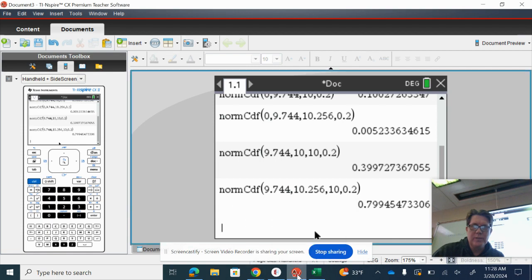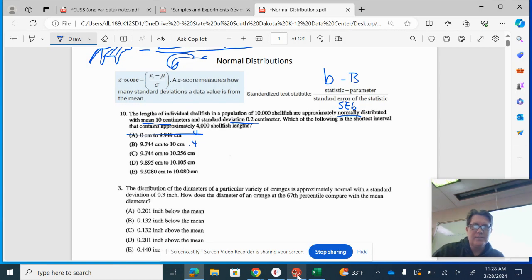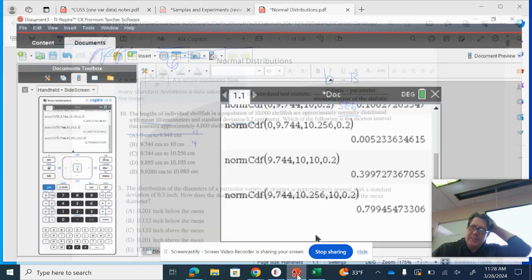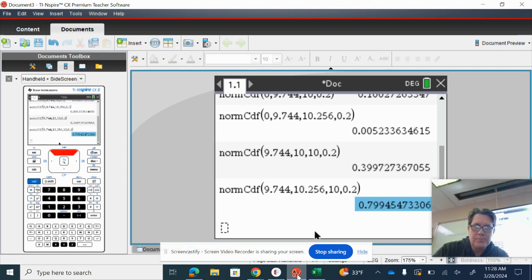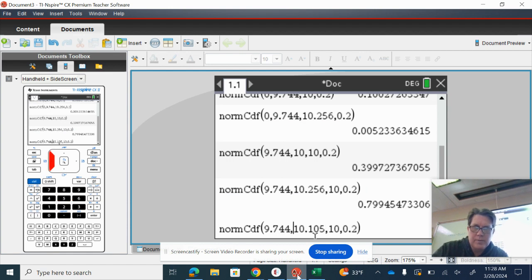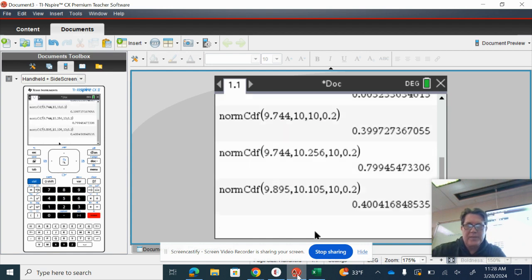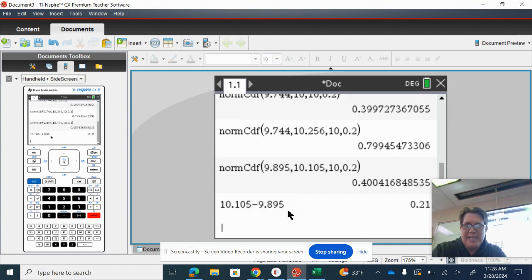Okay, we're looking for the one that is the least wide. So 9.895 to 10.105. That one's 40%. Now, if you subtract those numbers, 10.105 minus 9.895, the mean is in there.